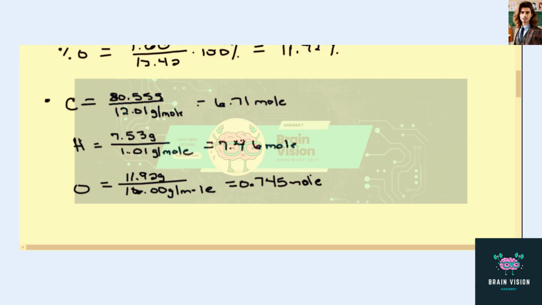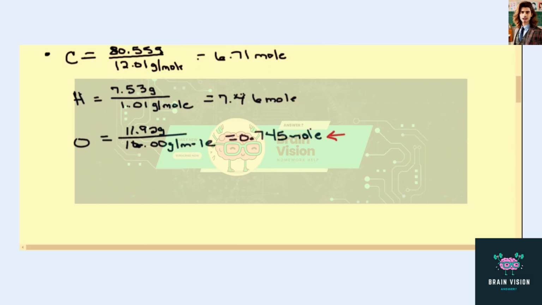Okay, and now what we're going to do is we are going to divide each of these moles by the smallest. So oxygen is the smallest, right? So we're going to take each of those and divide by the smallest. So for carbon, we have 6.71 divided by 0.745. And that is equal to 9.01.